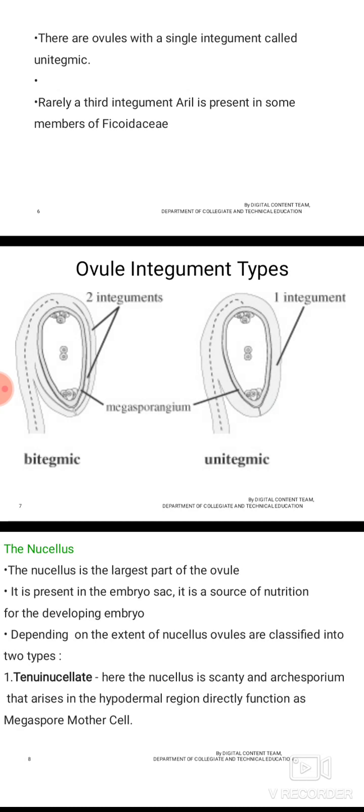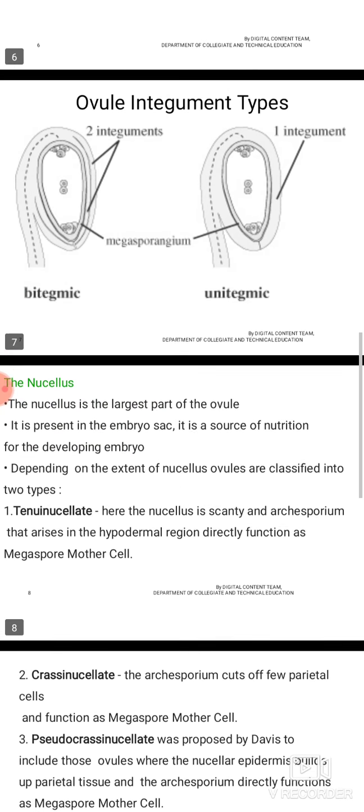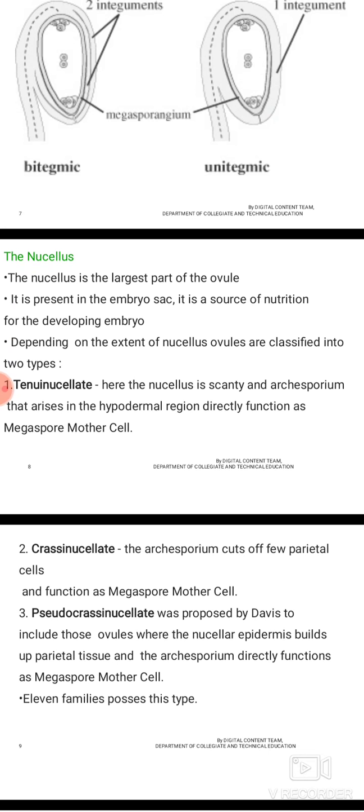Here, the nucellus is scanty and the archesporium that arises in the hypodermal region directly functions as megaspore mother cell. Crassinucellate. In case of this, the archesporium cuts off few parietal cells and functions as megaspore mother cell.